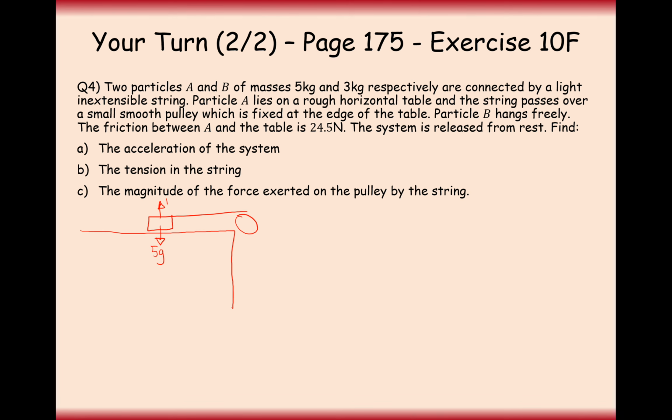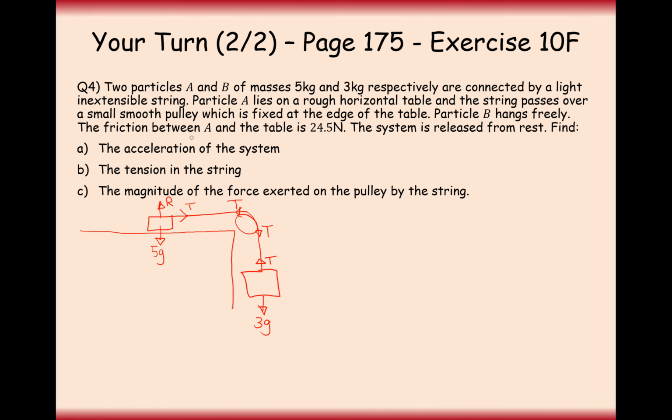We'll also have R going upwards as it's resting on the table. We'll have tension attached to the string at this point here, and we'll also have a hanging particle over here, 3g as its weight. T is at the point where the particle meets the string, and also tension at the point where the string meets the pulley.